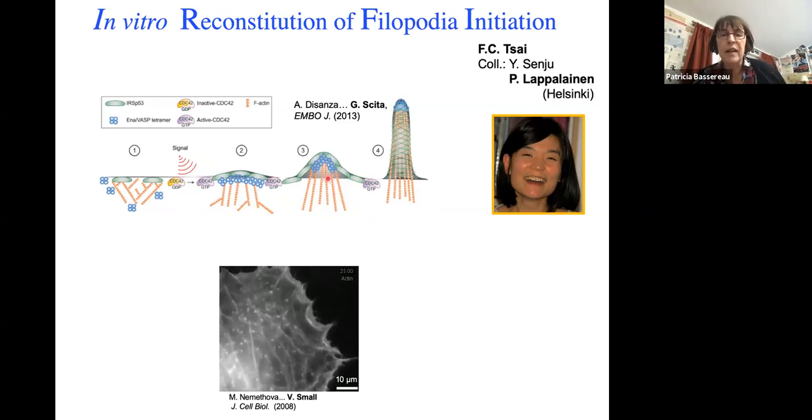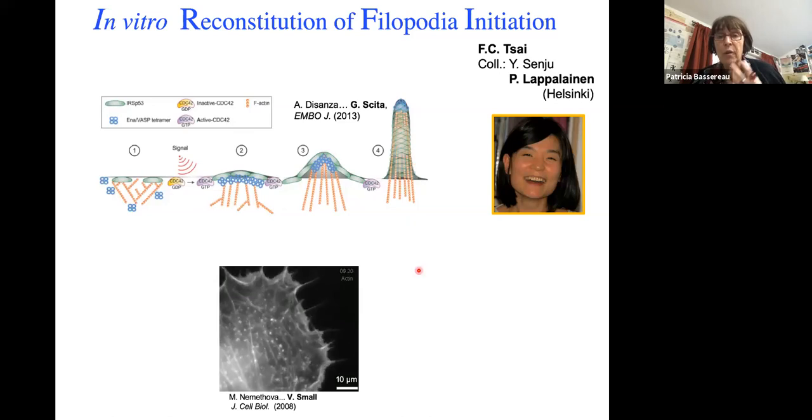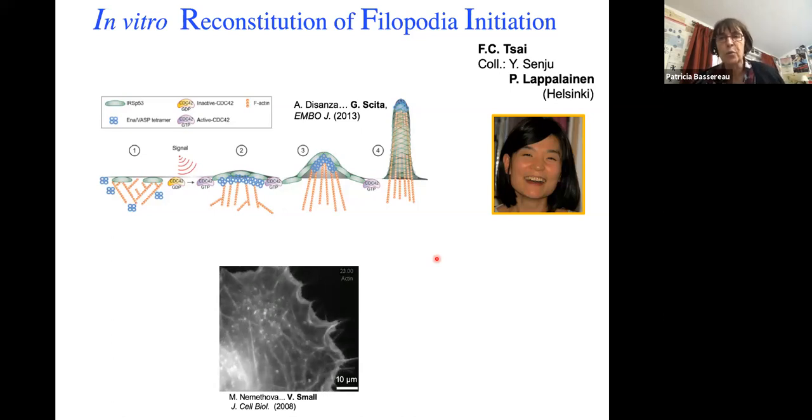And by recruiting actin, polymerization of actin will induce a force on the membrane locally, and the growth of this filopodia. So we wanted to check if, in the conditions where we work with this minimal system, we would be able to produce localized protrusion.